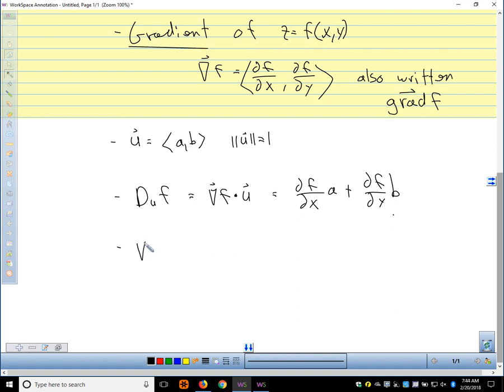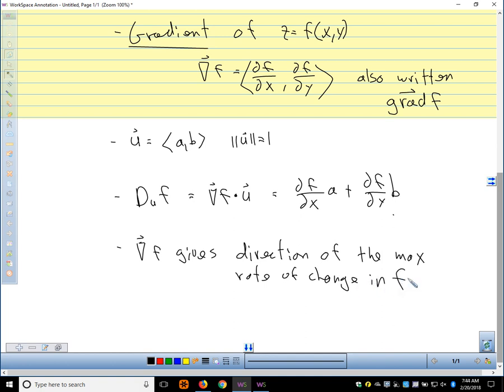Del f gives the direction of maximum rate of change in f. So it points in the direction of the steepest route up the hill.